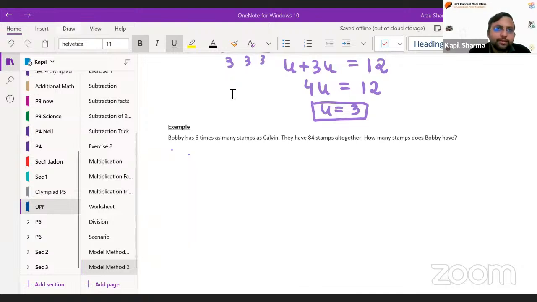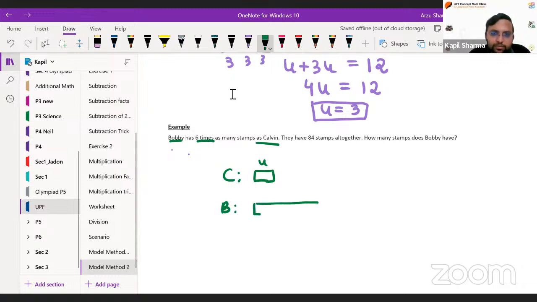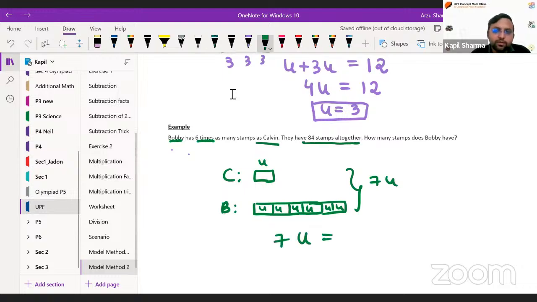So see here again, we can use models. Bobby has 6 times as many stamps as Kelvin. That means if Kelvin has 1 unit, Bobby has 6 such units. 1, 2, 3, 4, 5, and 6. Now in total, there are 7 units, and it is given that they have 84 stamps altogether.